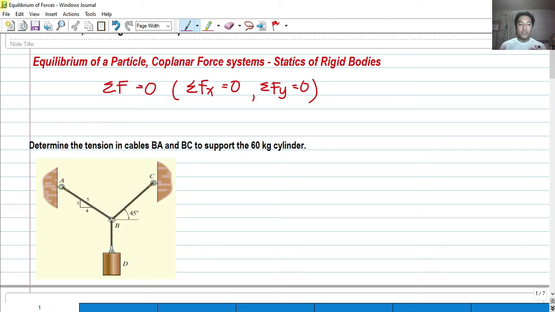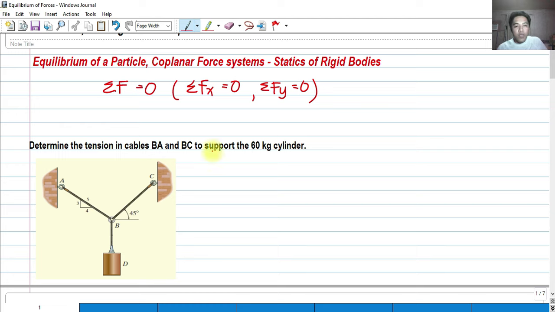So the very first thing we are going to do in solving these types of problems is to draw the free body diagram of the system.